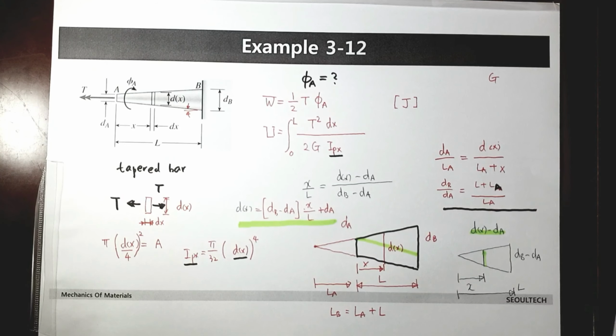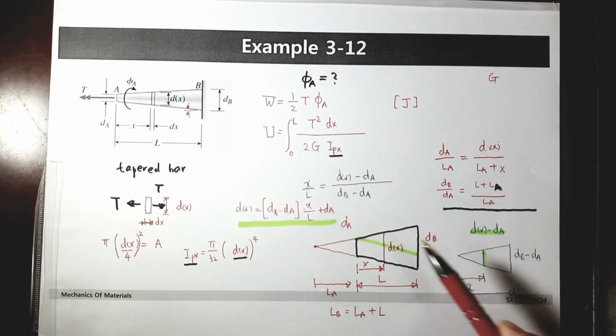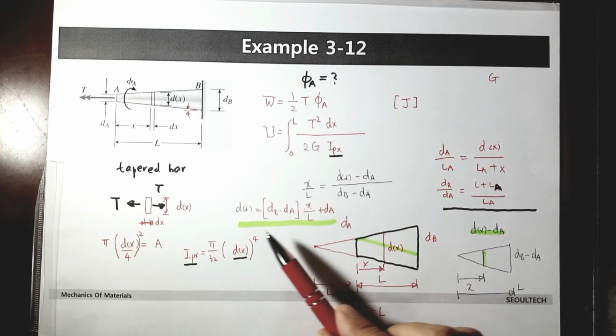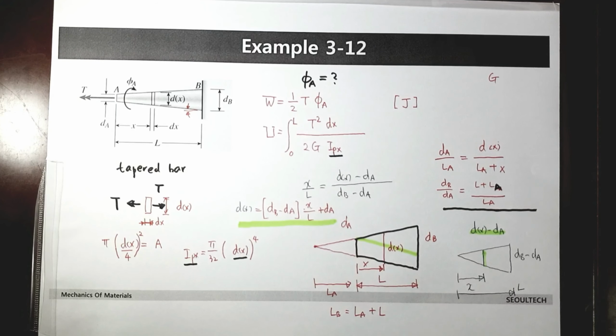Okay, by drawing this line, we have this relationship with x and L, and we have the similarity relationship between the larger triangle and the smaller triangle. Then finally we can find dx.